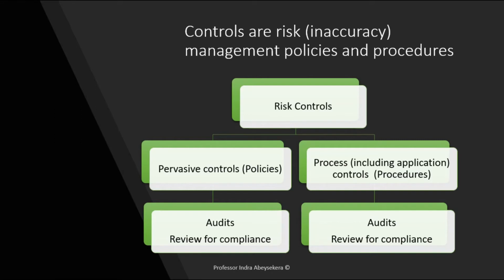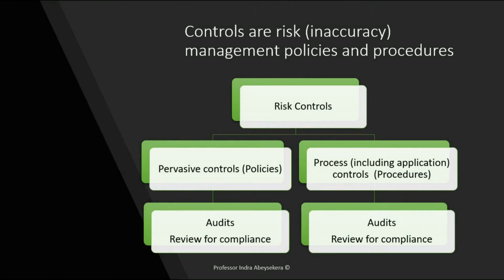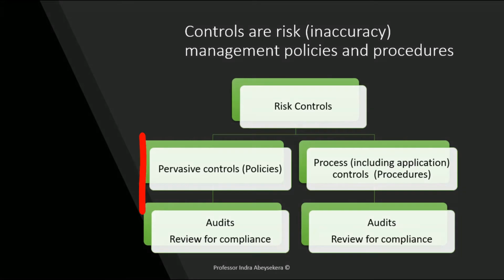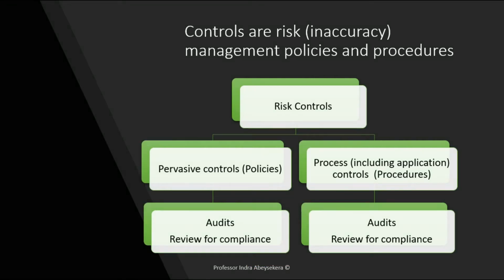When information or data is being produced, it has to be controlled for risk or inaccuracies. These are controlled through enterprise policies and procedures. These policies are populated through the governance structure. They are purposive controls, so they provide the umbrella to come up with various procedures.